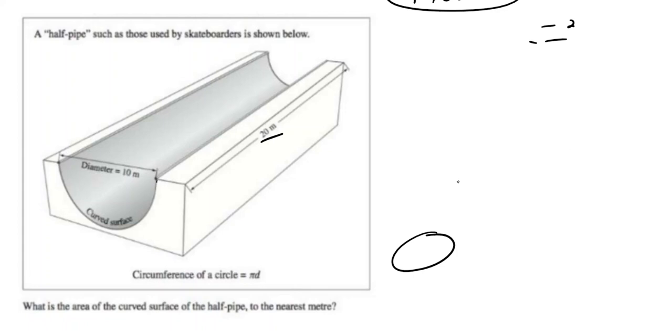Okay, so let's do that. Let's find the whole thing, all the way around. So let's find the circumference of that all the way around, because remember that is the top part of our rectangle. The circumference, they've told us, of a circle is pi times d. I was telling you before that circumference is equal to 2 times pi times r.